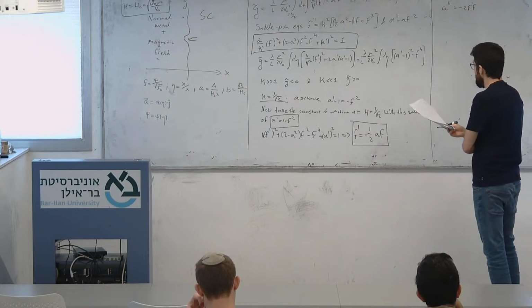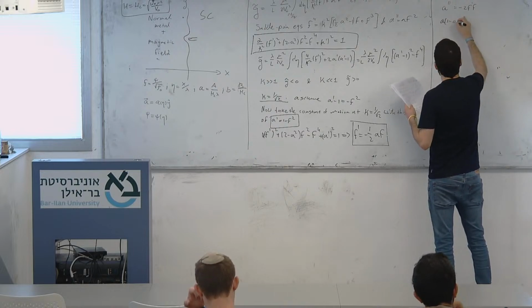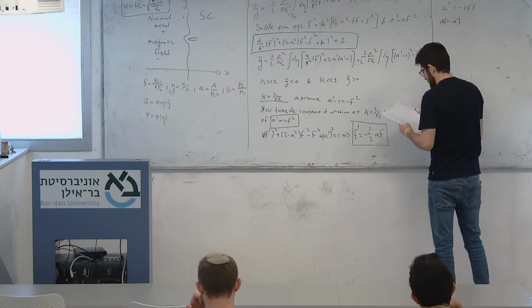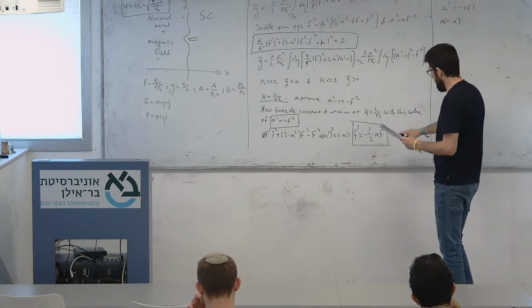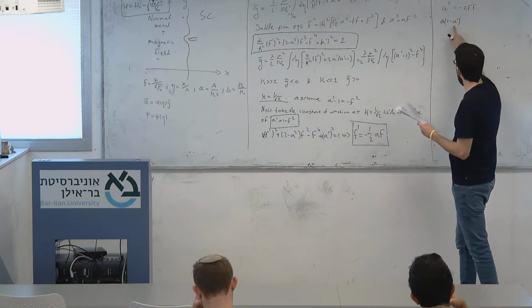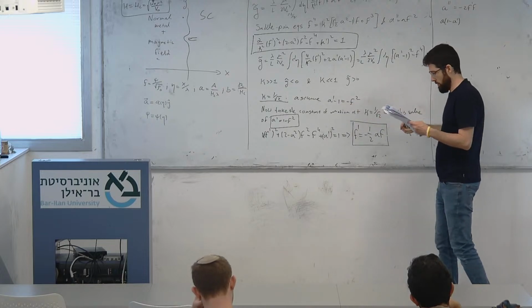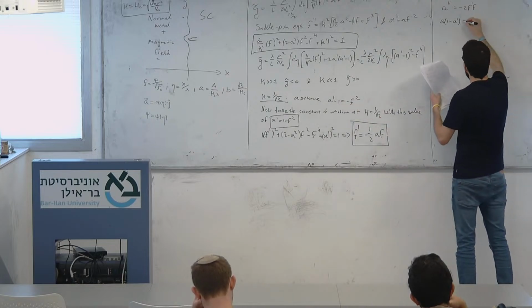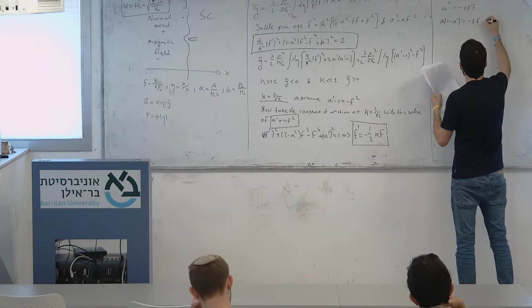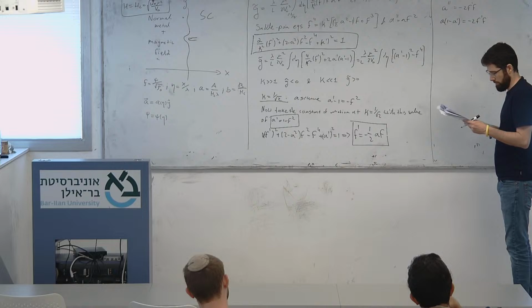On the other hand, I can write that a times 1 minus a prime, where I'll take a from here, and 1 minus a prime I'll take from here. I will get that this is also equal to f prime f, 2 minus 2f prime f.